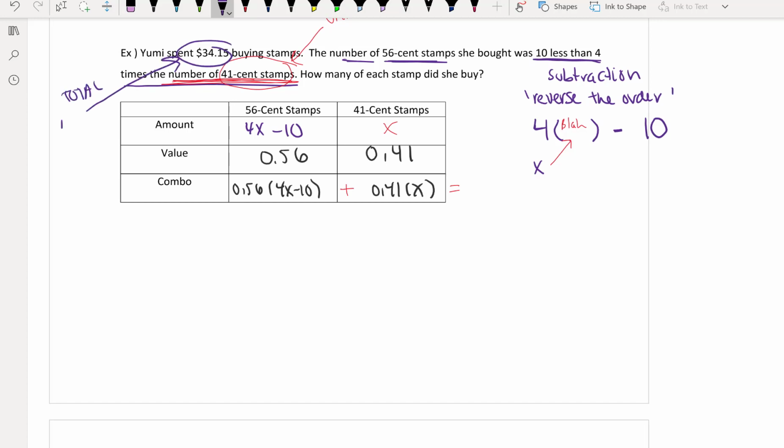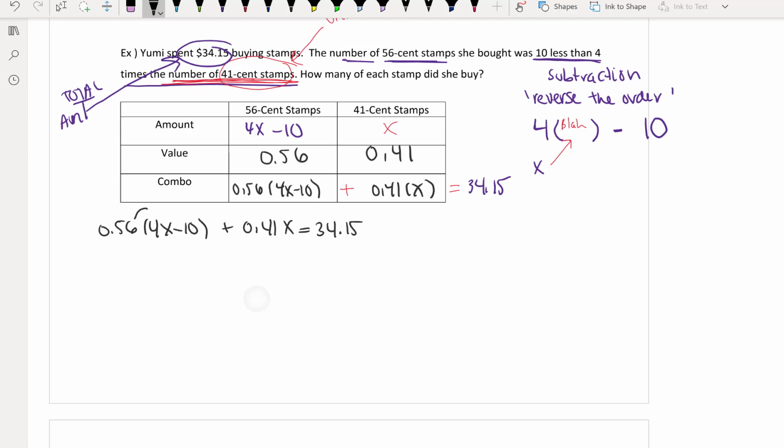Your total amount is represented by that $34.15. So now your equation is 0.56 times (4x minus 10) plus 0.41x is equal to 34.15.